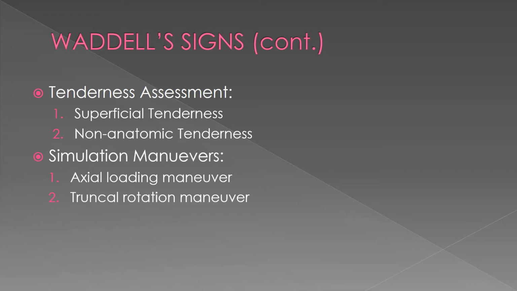Now, superficial tenderness is tenderness to palpation in the level and in the layer of the skin and the connective tissue. So with regards to the lumbar spine, what Waddell did was he performed superficial or light palpation pressure over the lumbar paraspinal muscles and over the lumbar paraspinal fat around the sides of the flanks above the iliac crest.